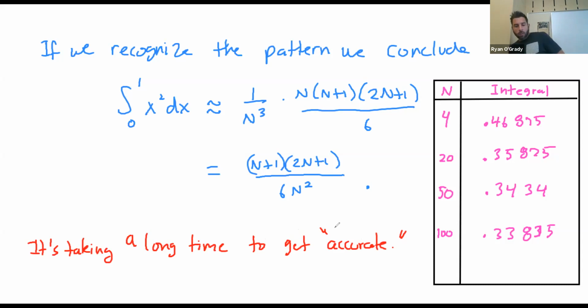So once you realize it's taking a long time, and you start to think about the problem, you might realize why. If you graph the situation, you realize that there's going to be lots of error because our curve is steep, and we're using rectangles.